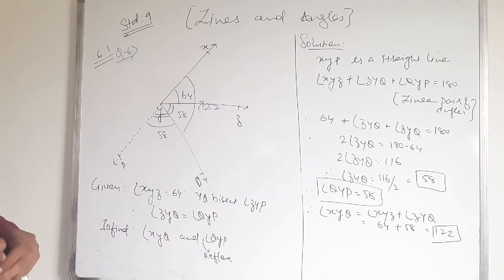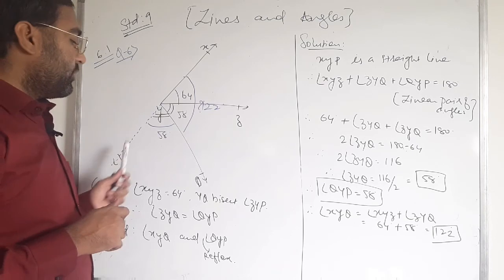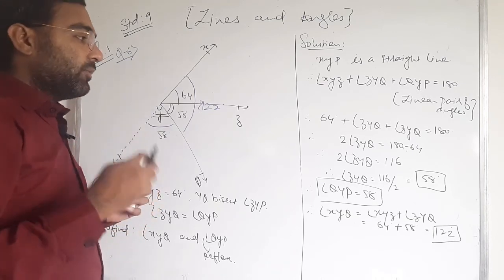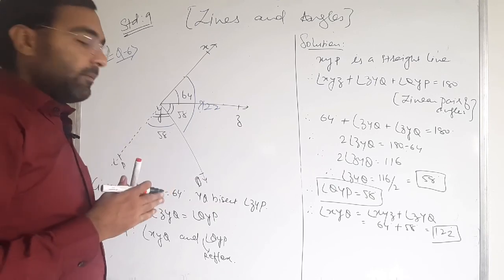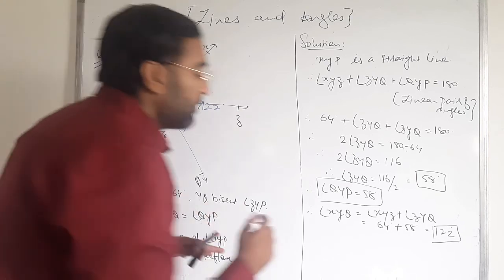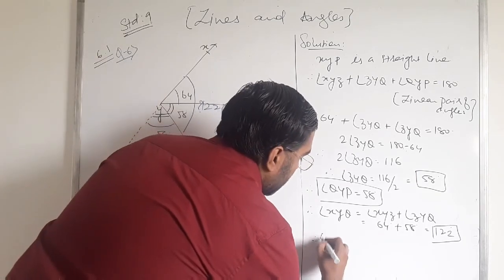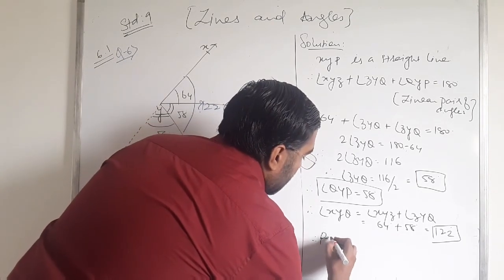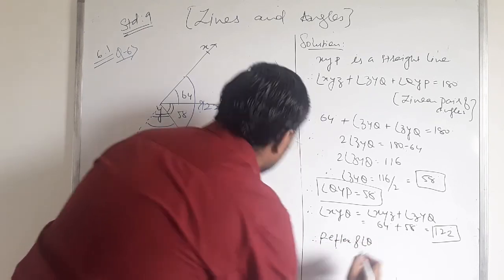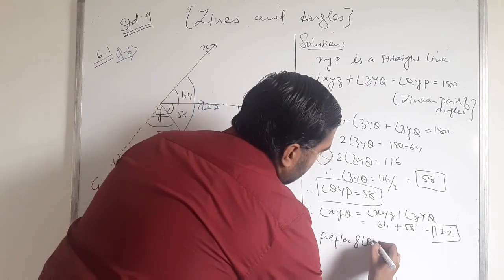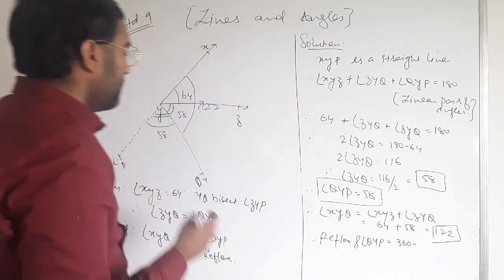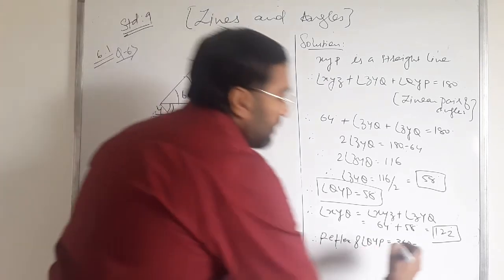Now we have to find the reflex of angle QYP. For the reflex of QYP, I will also tell you to subtract QYP from 360. Therefore reflex of QYP is equal to 360 minus QYP, that is 58.